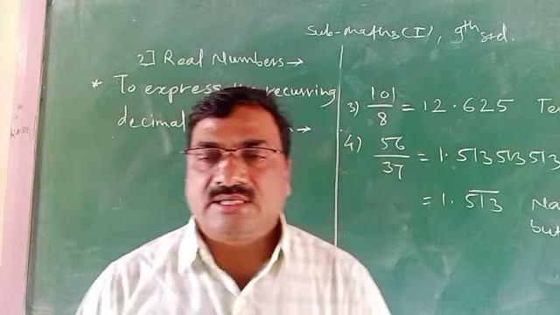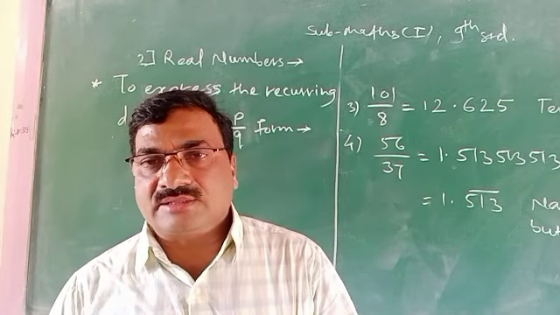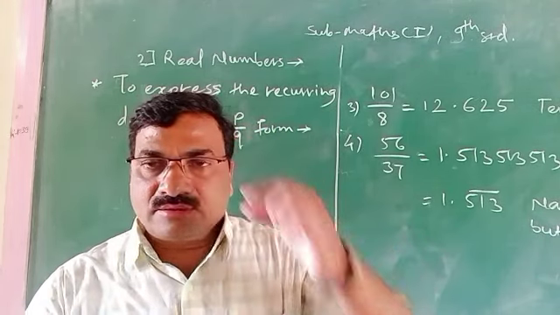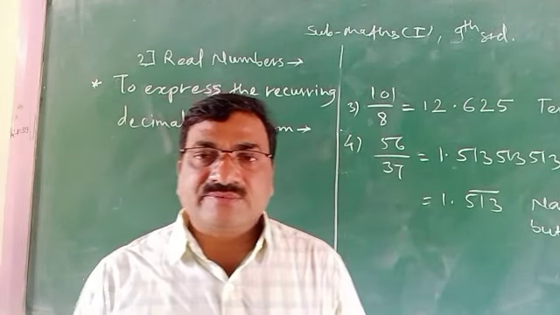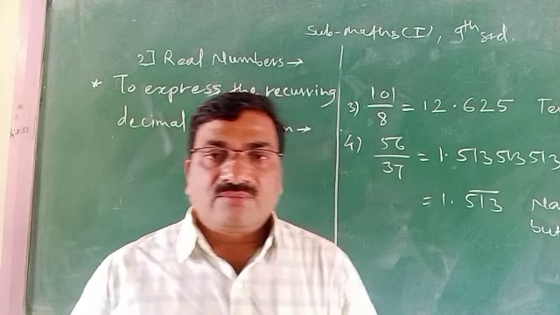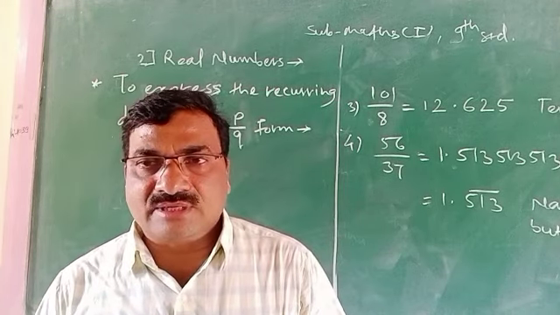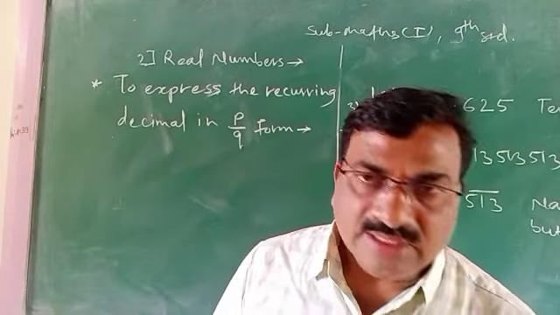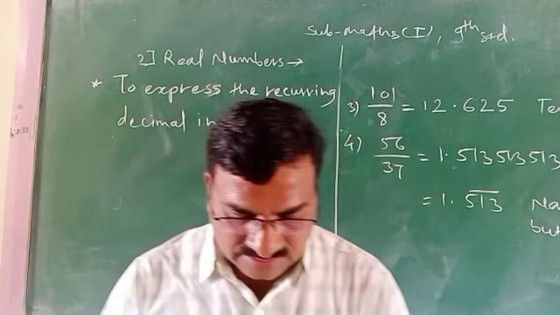Just now we studied how a fractional number is converted into decimal form. Now a decimal form is converted into a fractional number or rational number. That we have to study now. It is also very simple. Only concentrate on the examples.